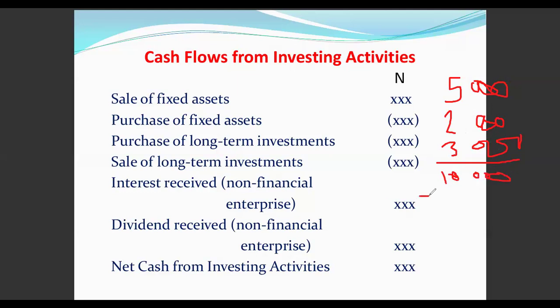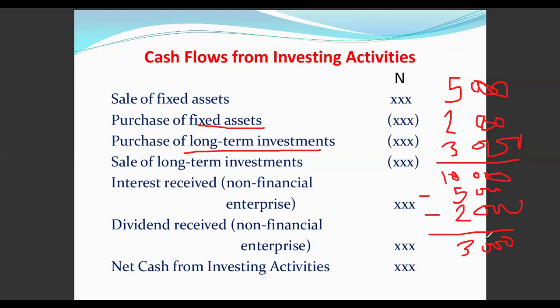I have to deduct from this the purchases. Suppose I purchase the long-term investment and the value is 5,000. I purchase the fixed assets. Suppose the value is 2,000. And then 10,000 minus 7,000, 3,000 will be cash flow from investment activities.